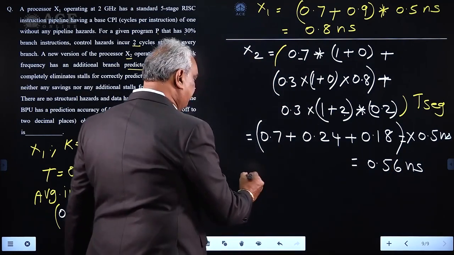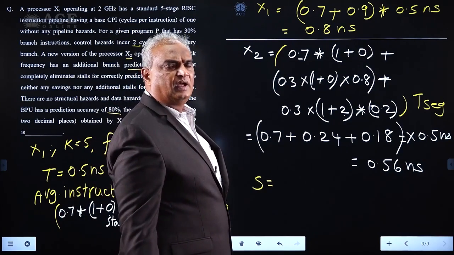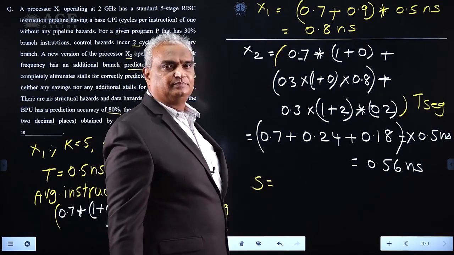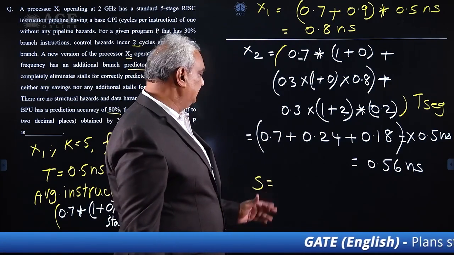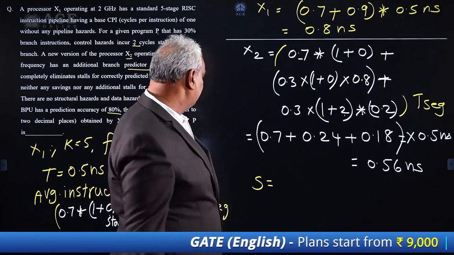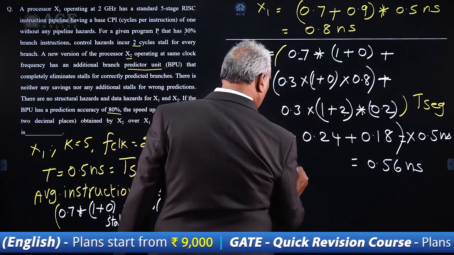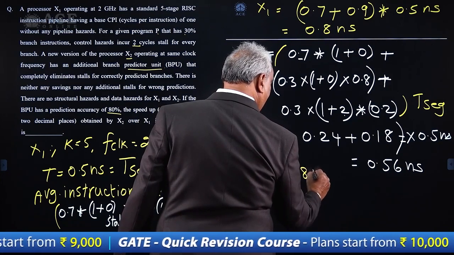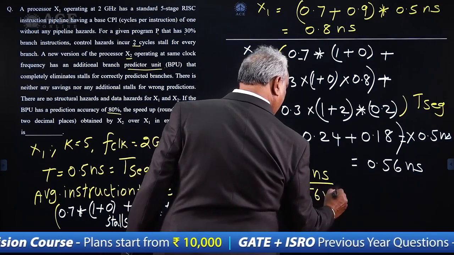He asked for the speedup. While computing speedup, always the numerator is represented with the longest delay and the denominator with the shortest delay. Here, what is the longest delay? 0.8 nanosecond by 0.56 nanosecond.